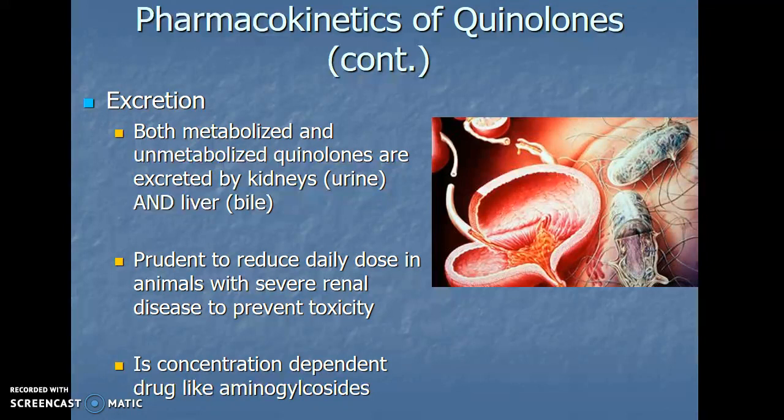And these types of drugs, the quinolones, are just like the aminoglycosides. They are concentration dependent. So we usually dose them about once a day, and they just need to reach a particular concentration for a relatively short amount of time. And so they're not time dependent, they're concentration dependent, and then they'll be readily excreted.